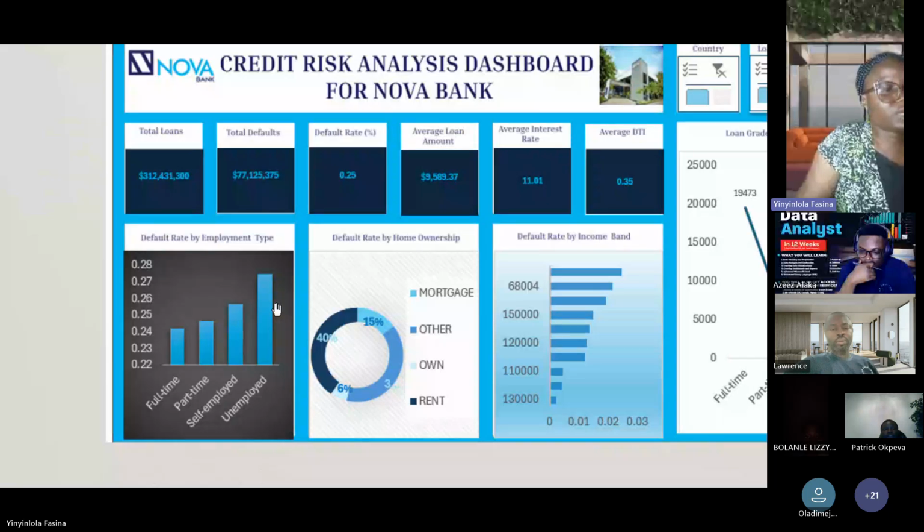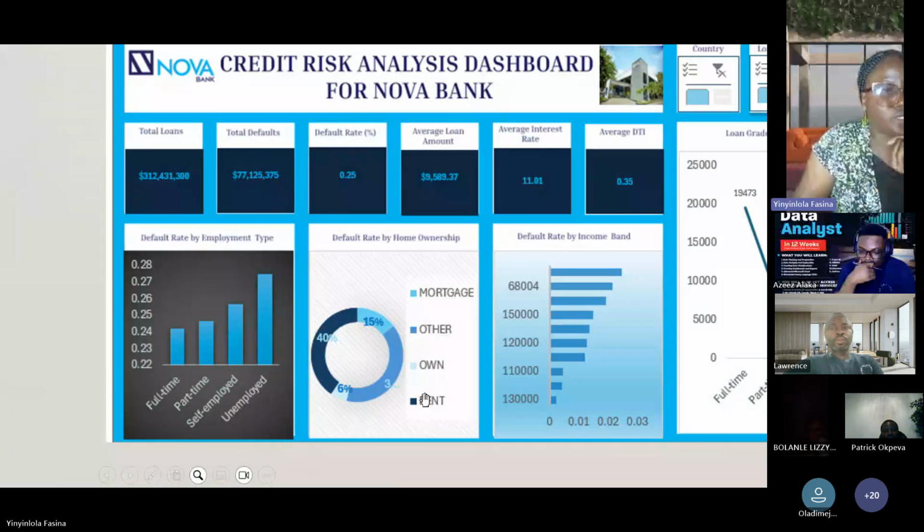For the default rate by home ownership, those that are renting homes are the highest defaulters, and those who own their homes are the least defaulters.